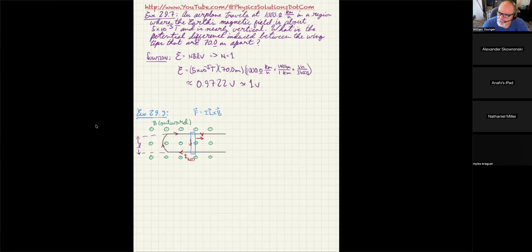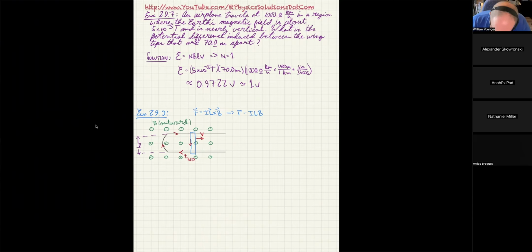The I and the L, the magnitude of the current, really don't change significantly. So we see the I, which points downward in the blue rod, and the L, which is supposed to be a vector that points the same direction as conventional current, also points downward. And we see the magnetic field is perpendicular to that. So that means the magnitude of the force would just be I times L times B.